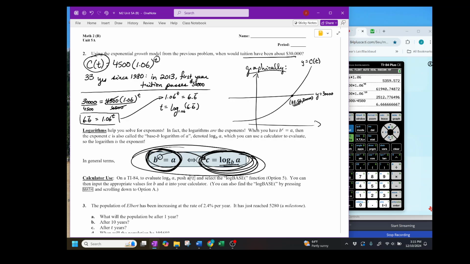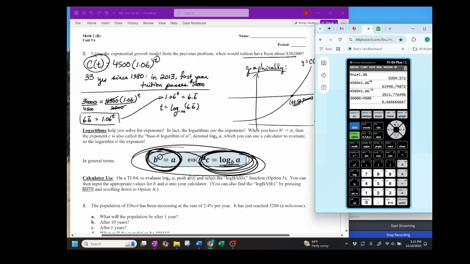Now, on these calculators, there's a way to do that. It is buried in the math menu. If you go way down, you see that thing that says log base. If you hit enter on it, it formats it similarly to how it is over here.